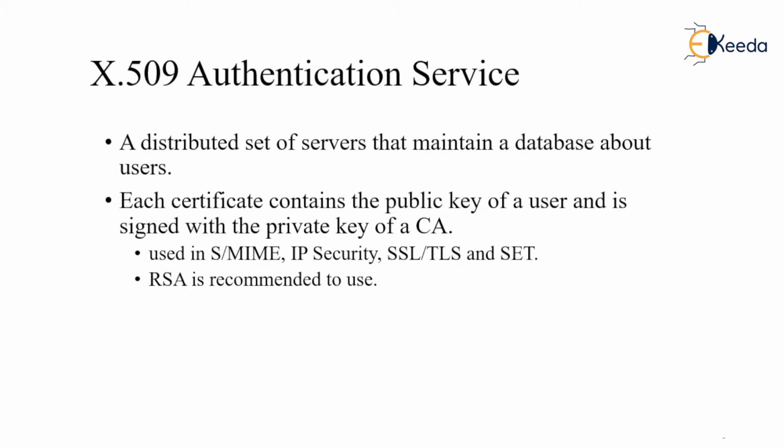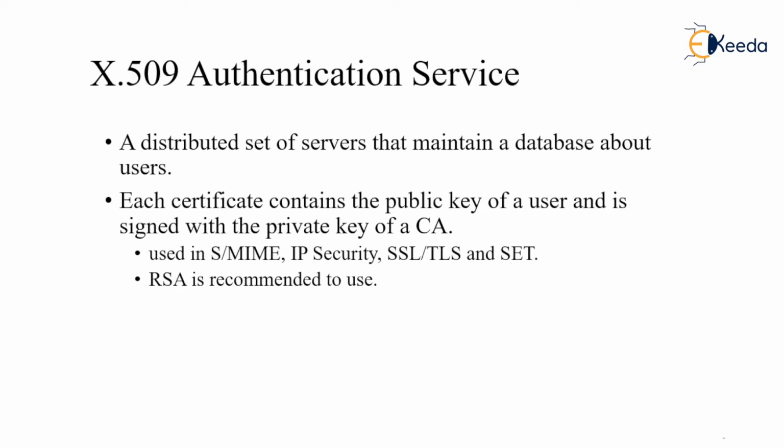The users who want to log in to a session, and the users who have already logged in and want to start communication with other users, have their information stored in a database. Each certificate contains the public key of a user and is signed with the private key of the certificate authority.